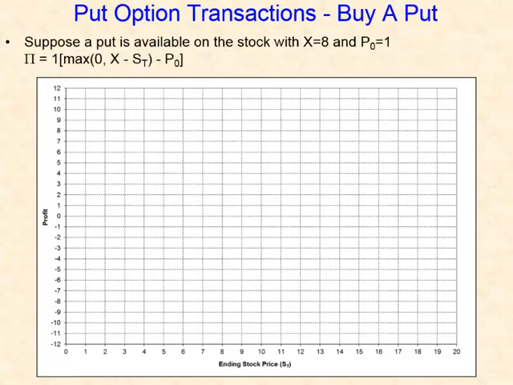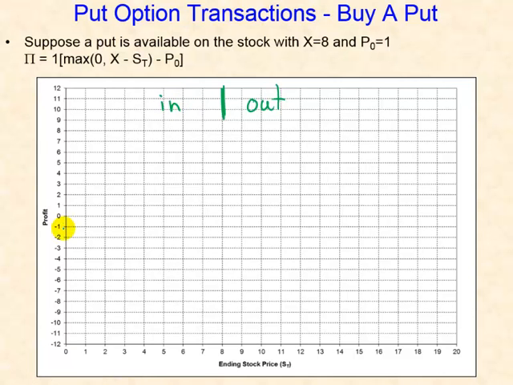Now, we could build a table and calculate the profit for various ending stock prices, but there's an easier way. We know that for a put, if the ending stock price, down here on our horizontal axis, is greater than the exercise price, the put expires out of the money. So I'm going to come right here to $8, and just write 8 out to the right of that, and in to the left.